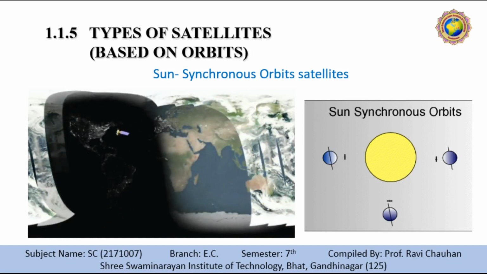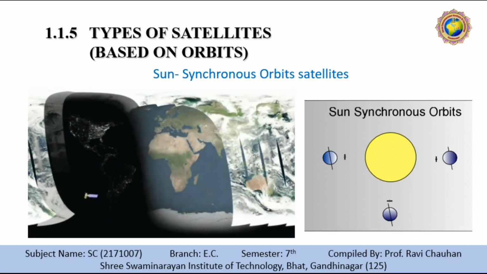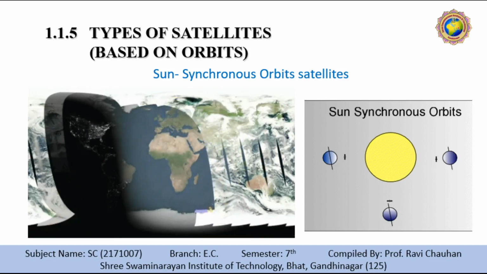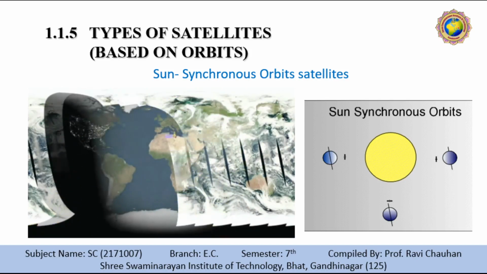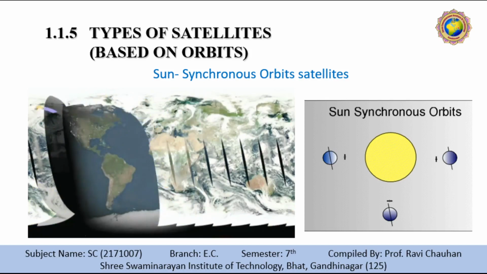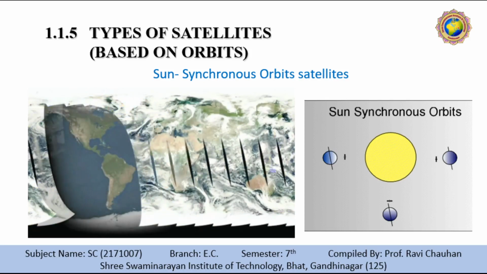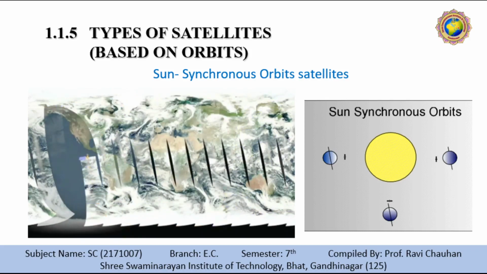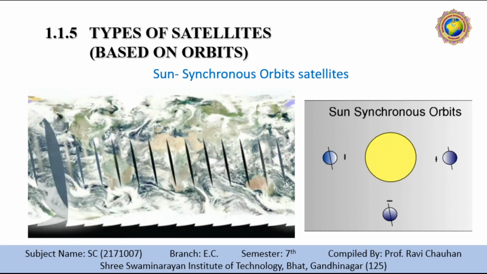So the satellite rides the terminator between day and night. As you can see in this figure, our sun synchronous satellite covers the entire Earth in this fashion. So it will cover each and every area of our Earth by its orbit.